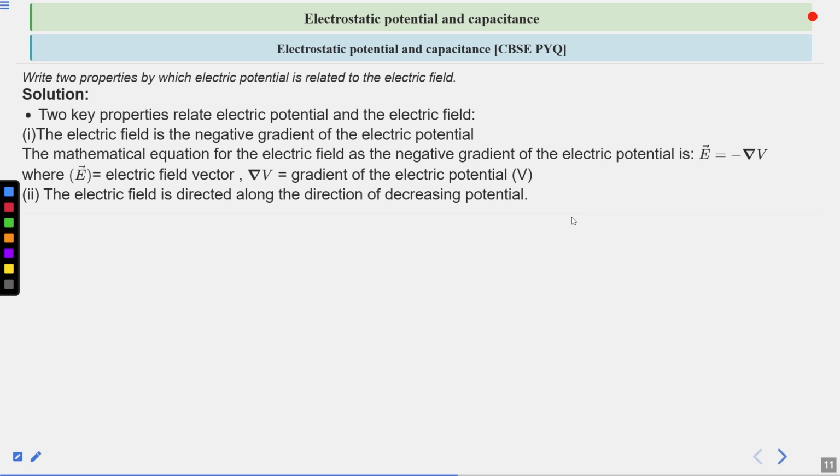As we move away from this positive charge, potential will start decreasing. So this means electric field is in the direction of decreasing potential. This negative sign is showing that. So these are the two properties by which electric potential is related to electric field.